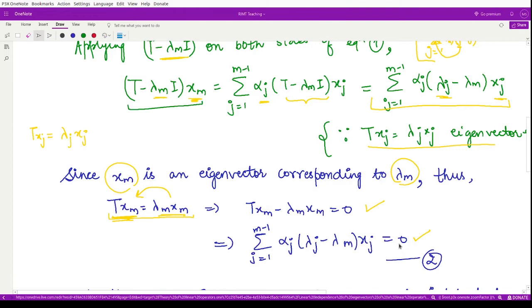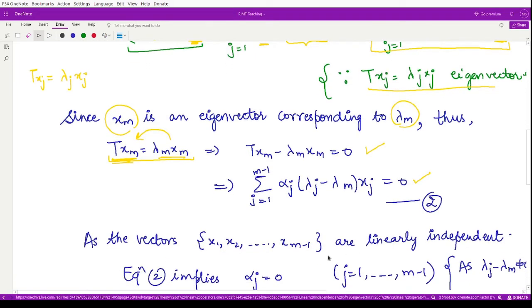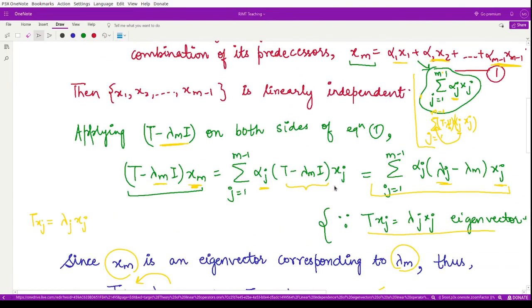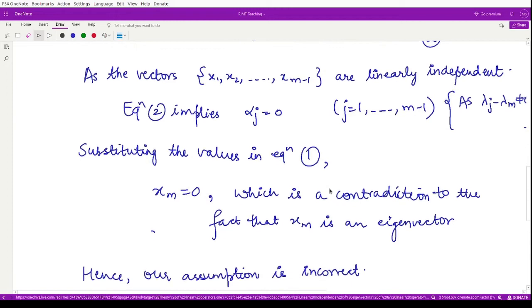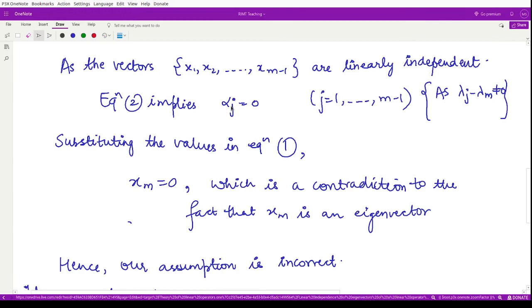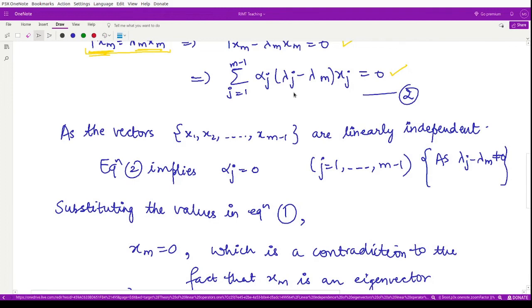So let's mark this as equation number 2, and here the vectors x1, x2 up to xm minus 1 are linearly independent according to the assumption that xm is the first dependent vector. Therefore, if the linear combination here is equal to 0 as given by equation 2, then all of these scalars alpha j should also be 0, because these vectors are linearly independent.